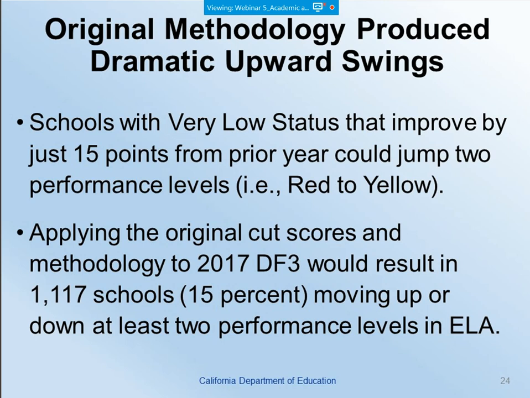So we decided that something needed to be done. This was too volatile, and it really equalized the results of schools that were doing very, very differently. And actually, if we had continued to apply the original cut scores and color designations for the fall 2017 dashboard, over 1,000 schools would have jumped or fallen 2 performance levels in 2017.